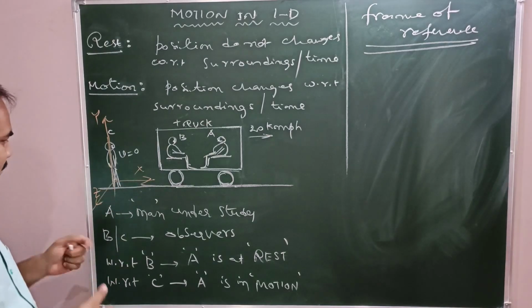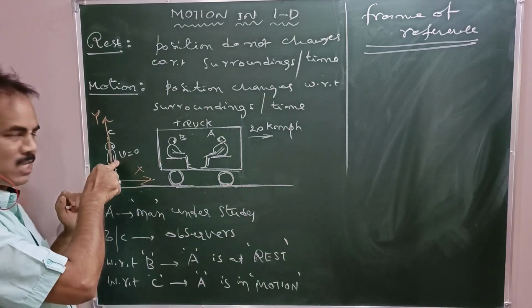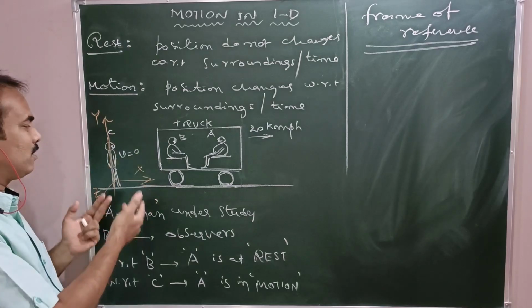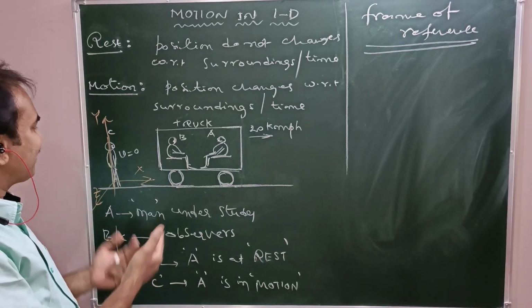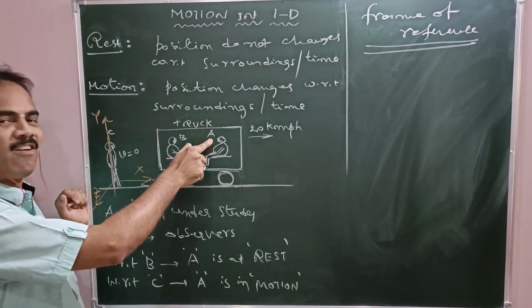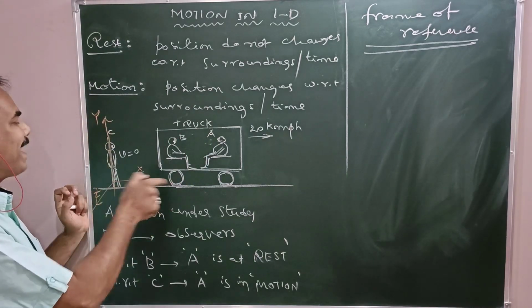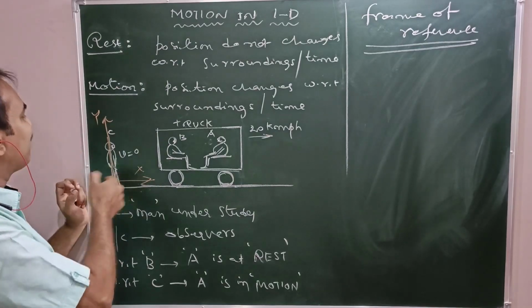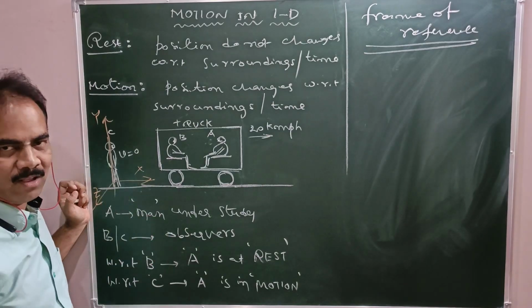If you attach the system of Cartesian coordinate axes to this observer with that observer as the origin, then that becomes a background for the sake of observations. So this man is going to observe the state of A. Now we need to attach one system of coordinate axes with that observer as the origin. This diagram itself, this background itself, is the frame of reference.